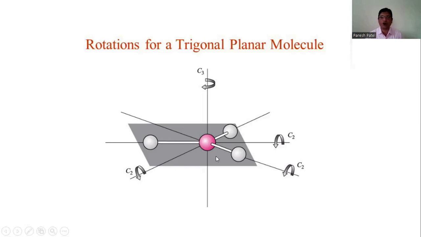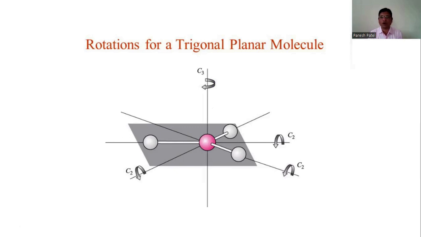So in the case of BF3, there is one C3 axis of symmetry and three C2 axes of symmetry, and C3 is perpendicular to the three C2 axes. Now, which one is the main principal axis? According to the rules of molecular symmetry, the higher order axis is taken first as the main principal axis.